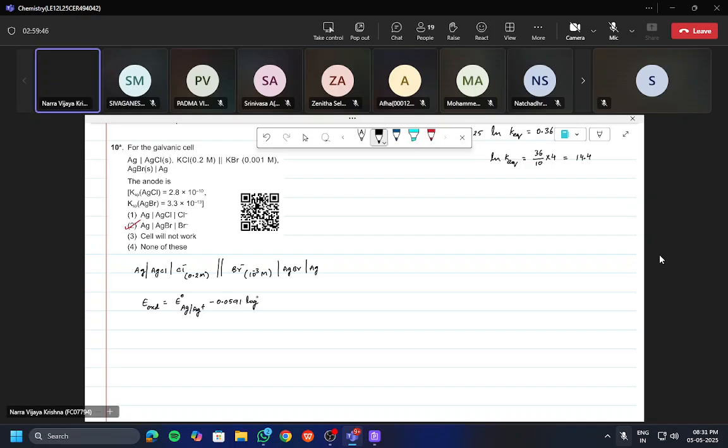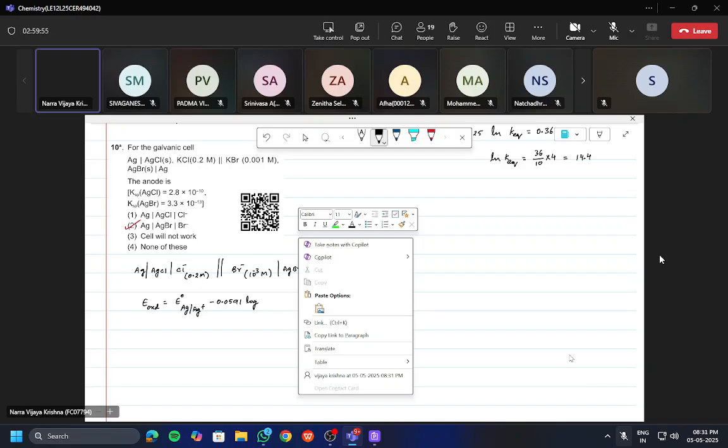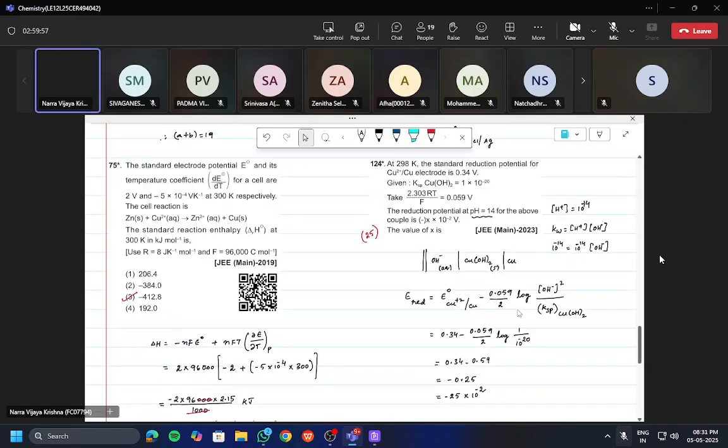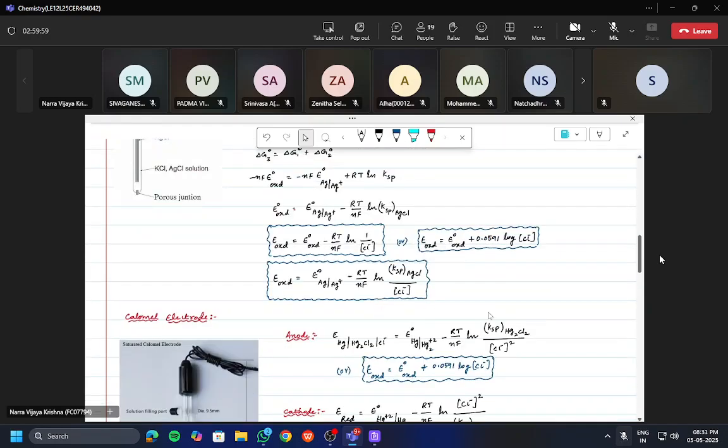For oxidation, is KSP numerator or denominator? How many times have we discussed? Numerator. Anode, oxidation: numerator. For reduction, denominator.